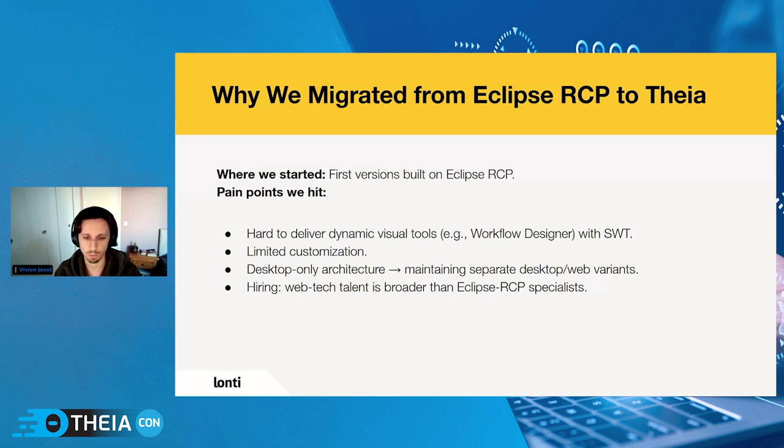It was basically duplicating the development efforts, which was really a headache. And finally, the hiring. It was very difficult in our area to find people already knowledgeable about Eclipse RCP. That usually meant that when we hired someone, we had to train them on Eclipse RCP before they could contribute to the project.